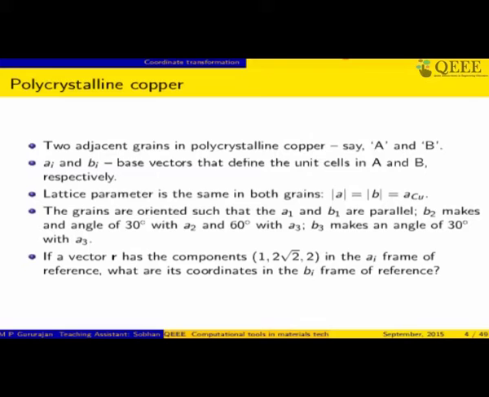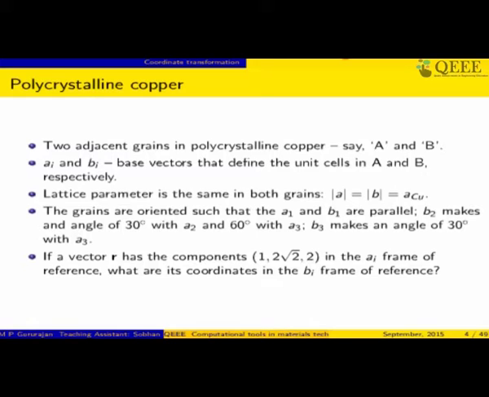So how the crystalline unit cell is aligned with respect to the laboratory frame of reference, or external frame of reference, then decides the orientation of the crystal. Most of the engineering materials, metals and alloys, are polycrystalline. That means in that material, if you go to different parts of the material, the unit cells will be aligned differently with respect to a frame of reference, which could be the external or laboratory frame of reference.